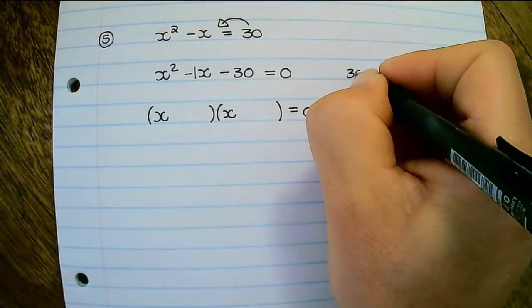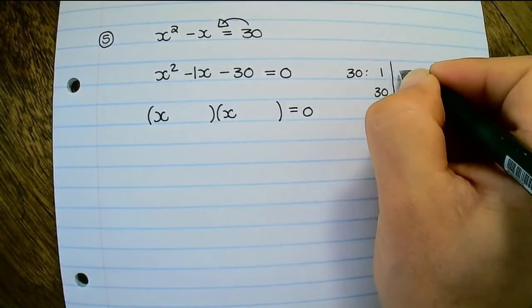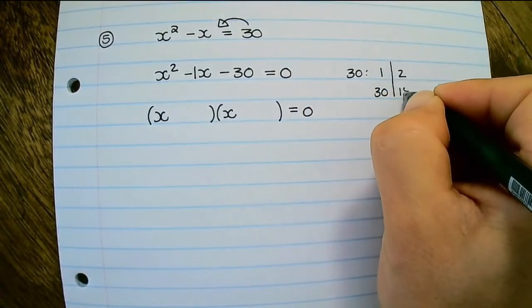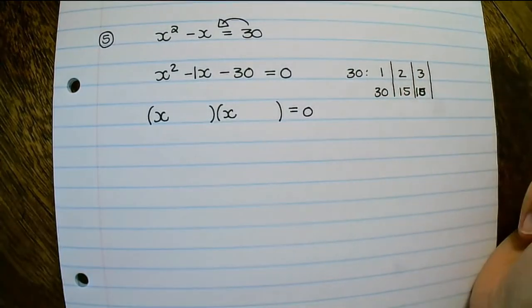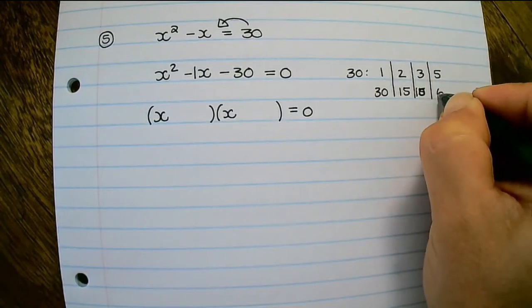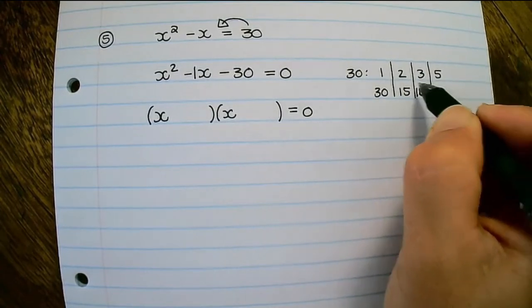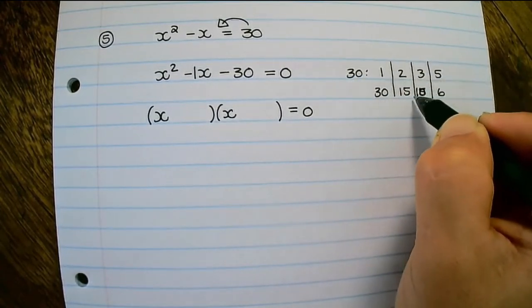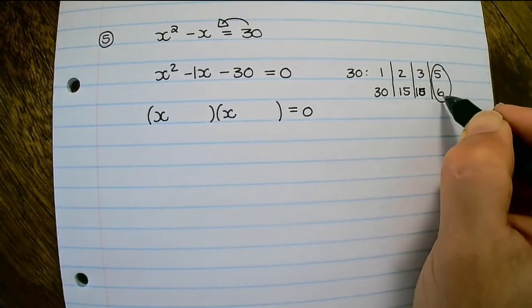So the factors of 30 are 1 times 30, 2 times 15, 3 times 10, and 5 times 6. Now these are our pairs of factors that will create 30 if I multiply them with each other. And I can see 5 and 6 has a difference of 1.